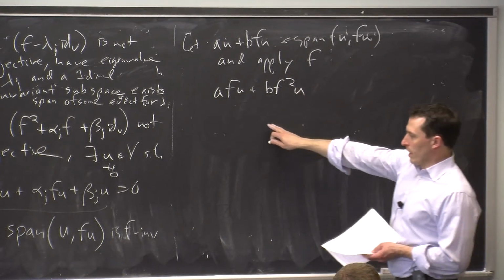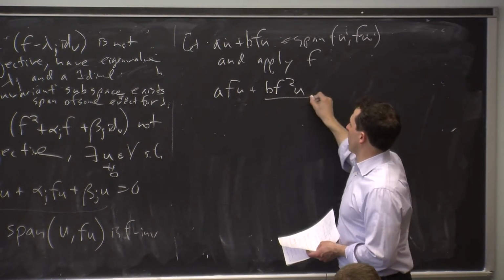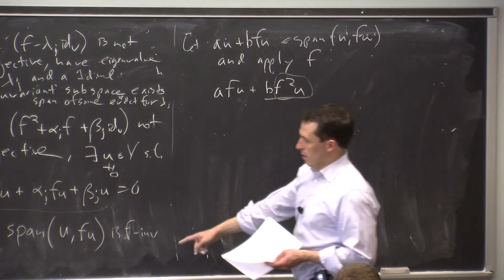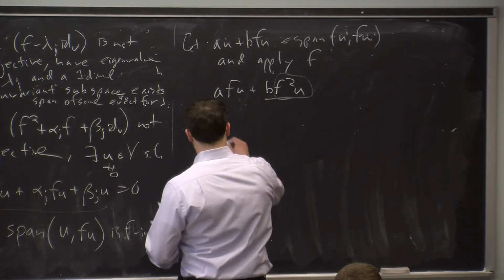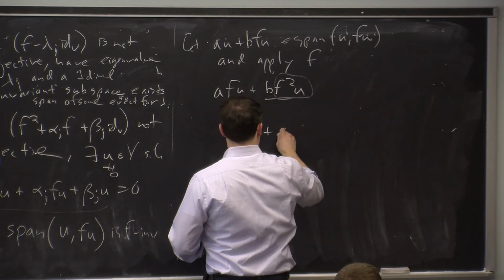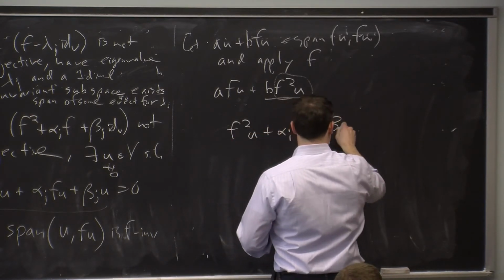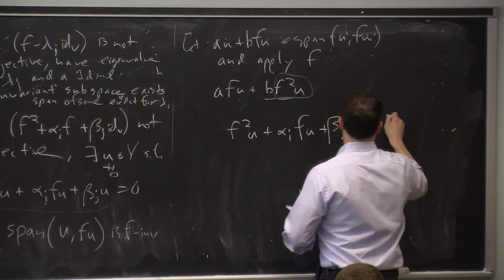This part is certainly in the span because it's a multiple of one of these vectors. And the key thing is to show that this vector f squared u can be represented in this space by u and fu. But that's because we know that f squared u plus alpha j fu plus beta j u equals 0.